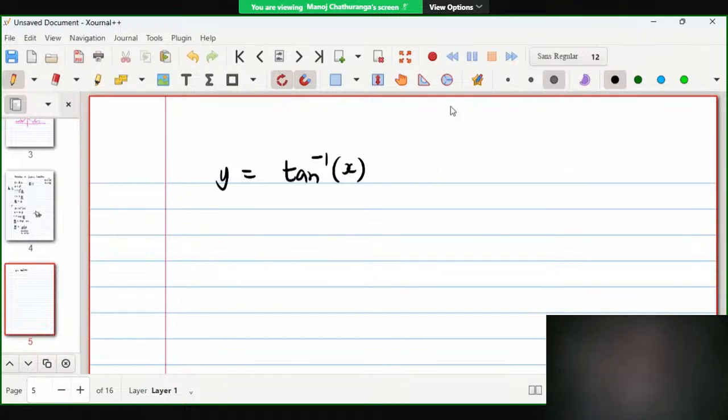Write it as a relation: the given relation y equals tan inverse x is a relationship between x and y in terms of the tan function, not tan inverse. Then differentiate it using the chain rule.